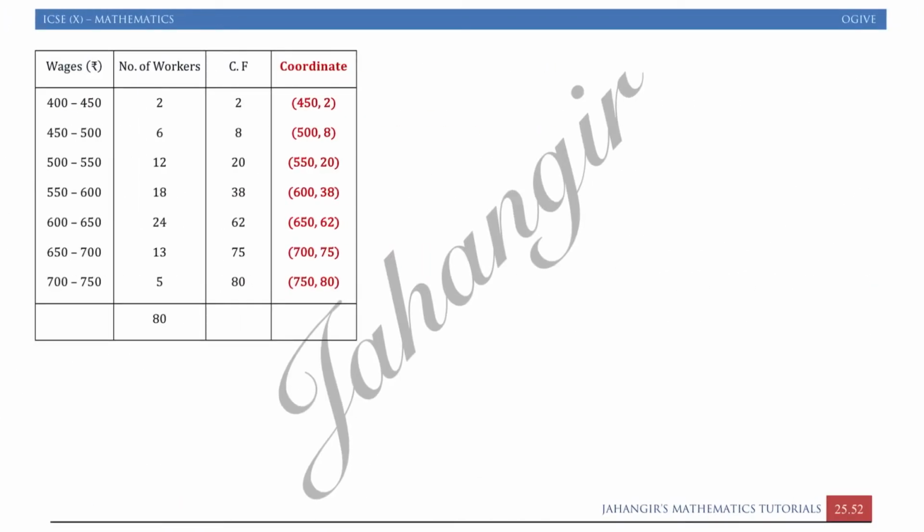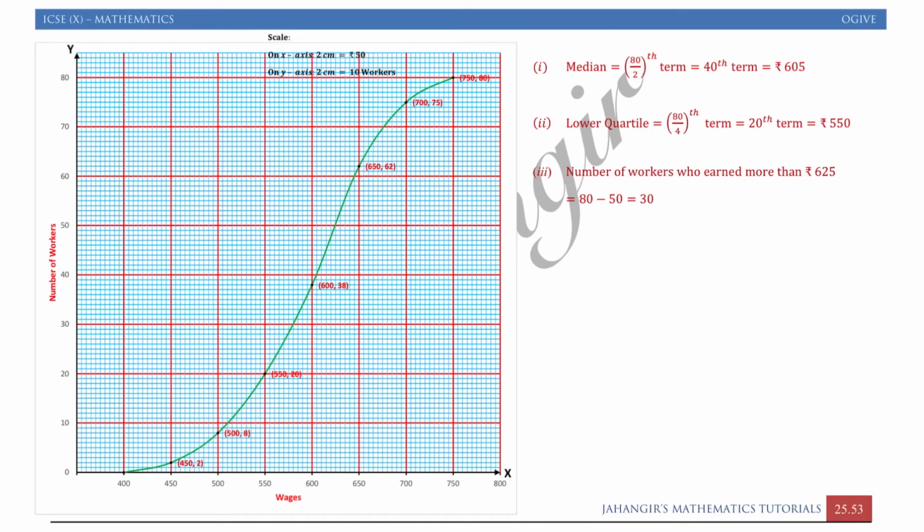First, make the table: workers, wages, cumulative frequency, and coordinate table. In coordinates, as you know, we had already discussed everything. On the x-axis we have wages. Take the appropriate scale which is given in the question: on x-axis 2 centimeter is equal to rupees 50, on y-axis 2 centimeter is equal to 10 workers.